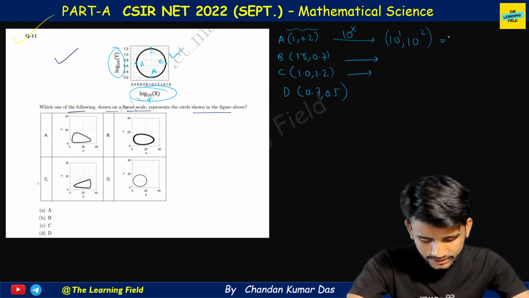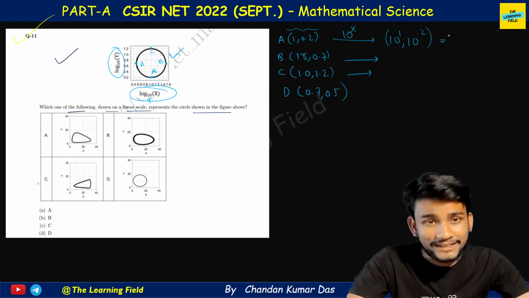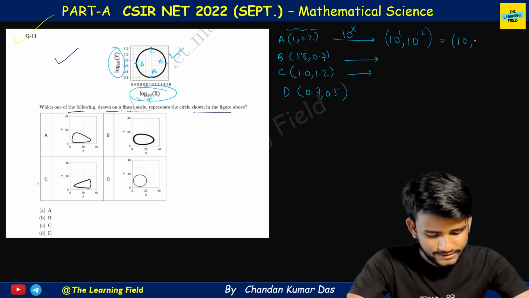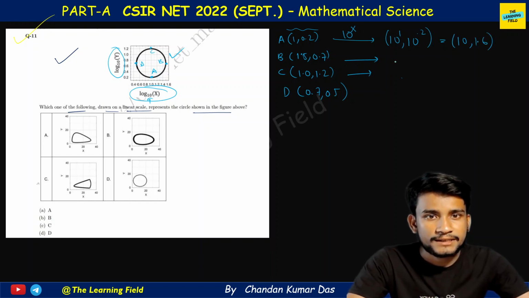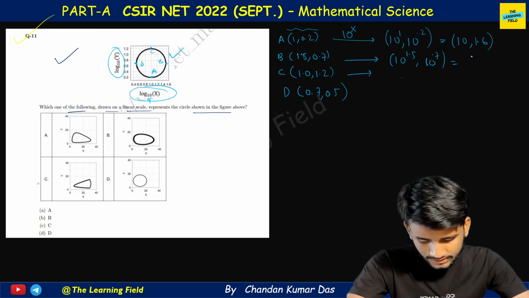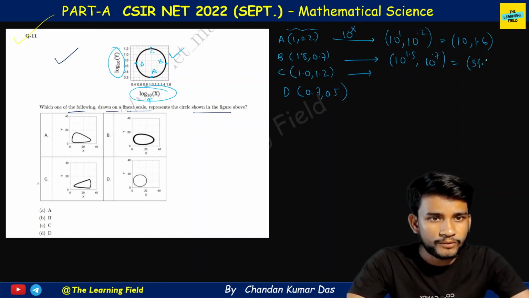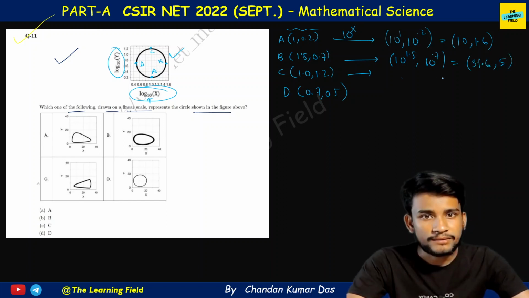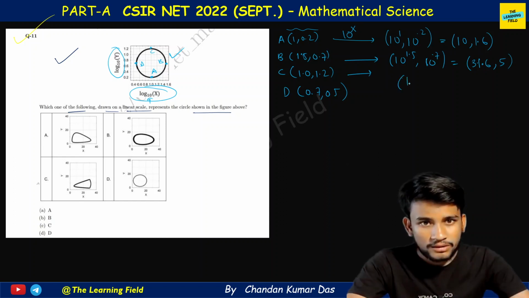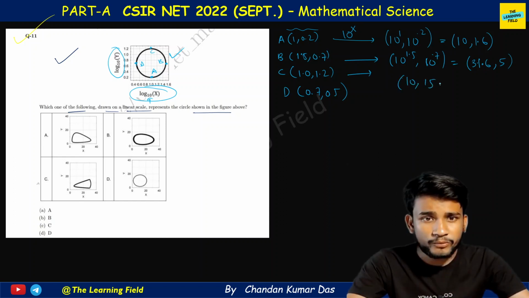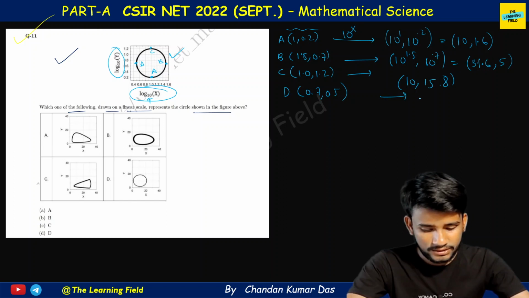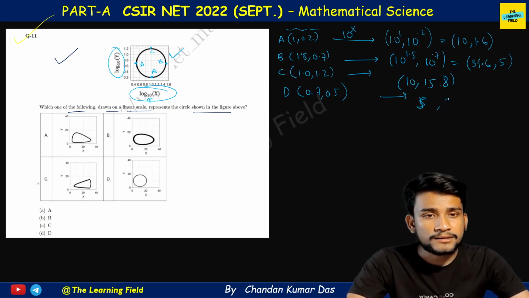If we use the calculator, then we get 10 and 1.6, then 10 power 1.5 and 10 power 0.7, and we get here B is 31.6 and 5. Similarly, this point goes to 10, 15.8, and this one is 5. The fourth point is 5 and 3.1.